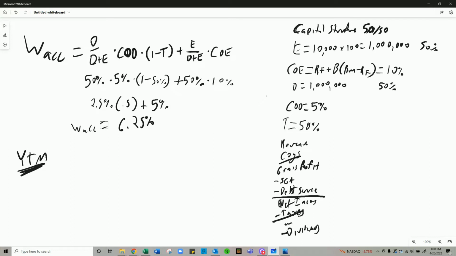If you have the coupon, which is not necessarily equal to the yield, then you need to use the yield to maturity equation to get from the coupon rate to yield to maturity. By using yield to maturity, you can know cost of debt. When you know cost of debt, you can plug that in here, and you make the whole equation work.